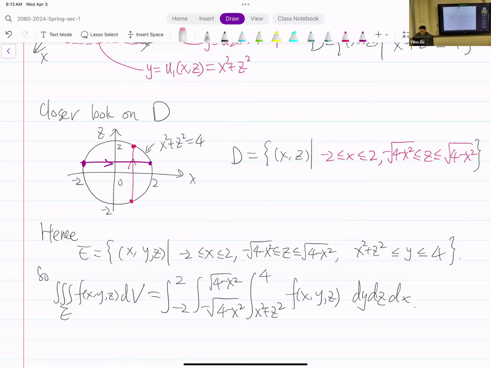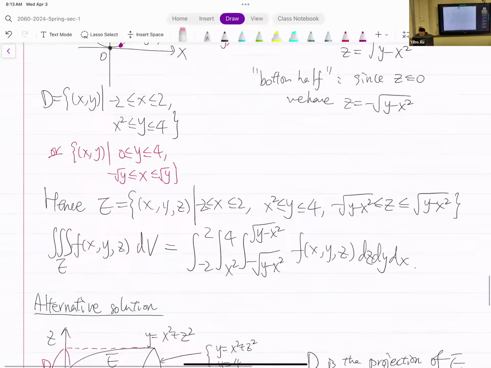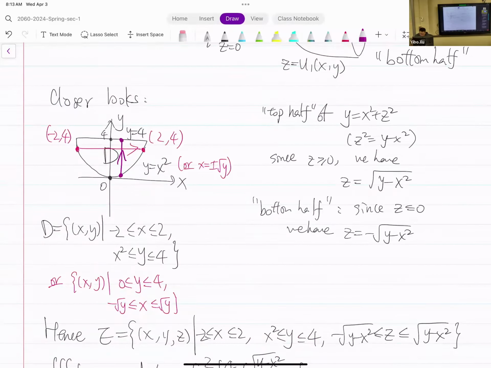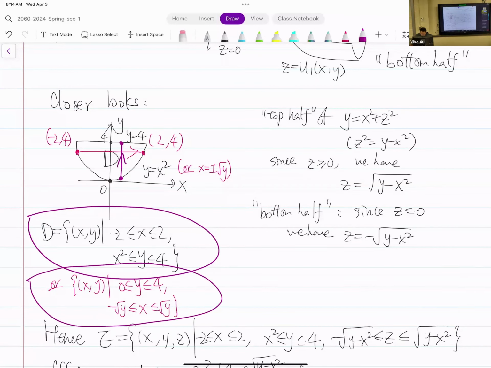If you want to explicitly write down everything, you can probably do that yourself. Once again, right here, we describe this region D, which is enclosed by the parabola and the line. This is the purple, the vertical bars. And in red, I have the description for D in terms of the horizontal bars.